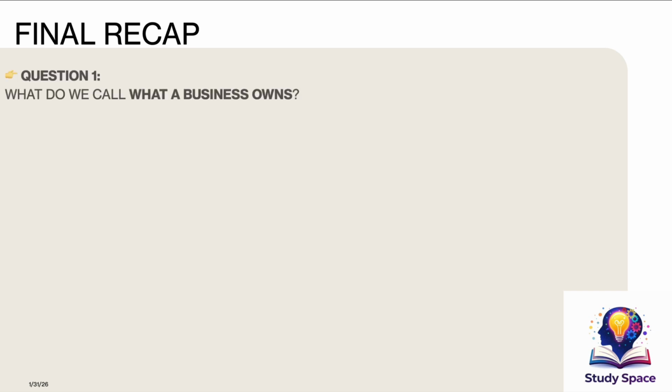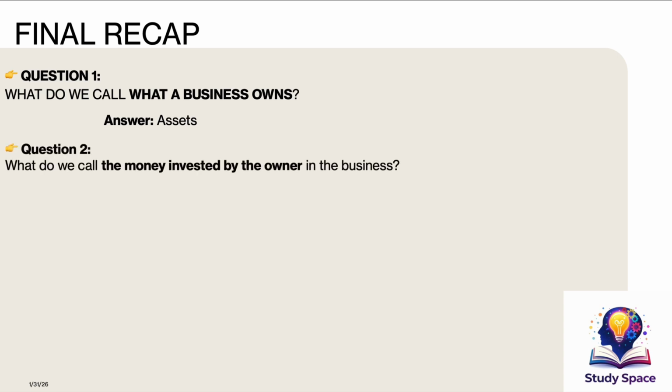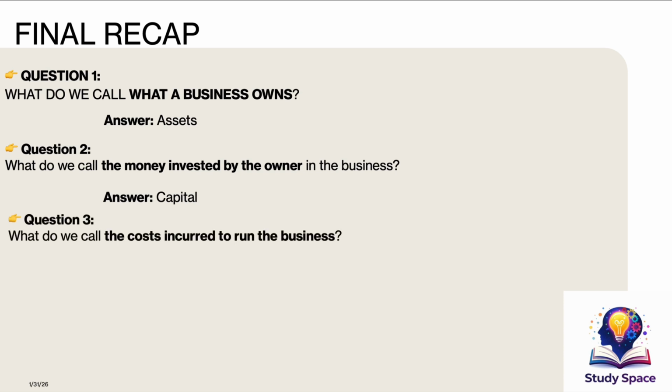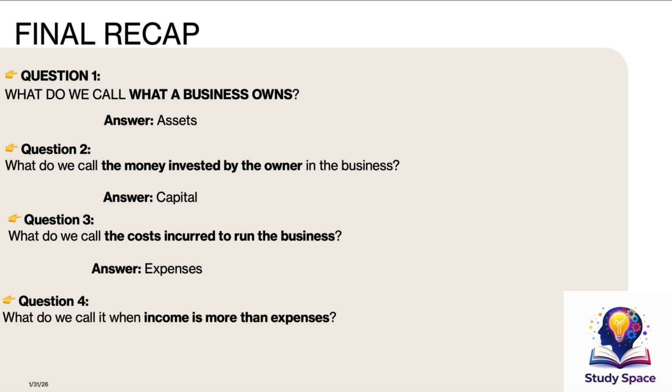Now let's do a quick recap. What do we call what a business owns? Assets. What do we call the money invested by the owner in the business? Capital. What do we call the cost incurred to run the business? Expense.